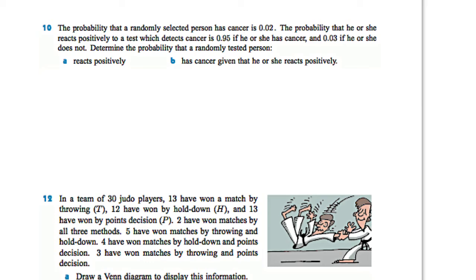Okay, so again, you have to get used to the idea that this information can be organized nicely in a tree. So first, I have to write down either a person has the cancer or doesn't, and then when they take a test, it either comes out positive or it doesn't.